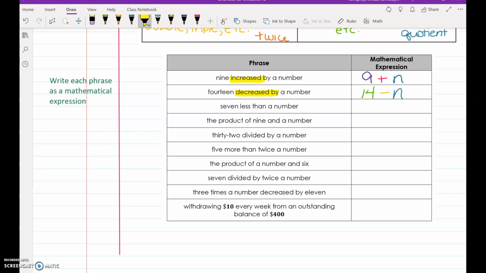All right, 7 less than a number. Again, this is one that tends to catch people up, so I want you to think about it like plugging in numbers. So let's say 7 less than a number. So I'm going to say 10. So what's 7 less than 10?